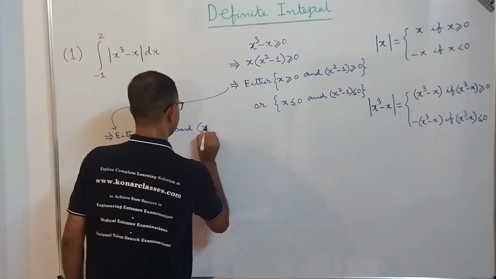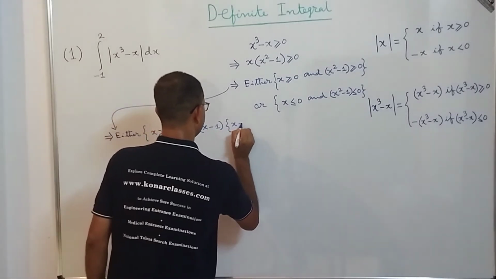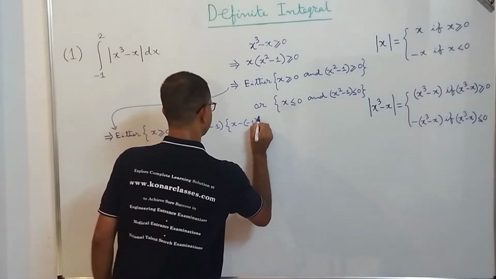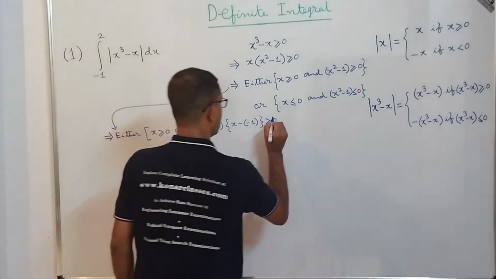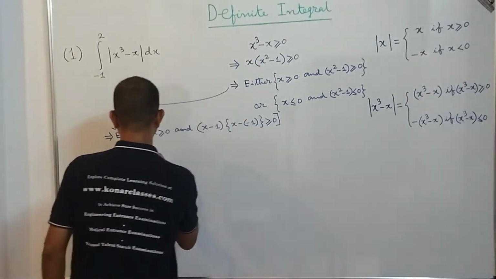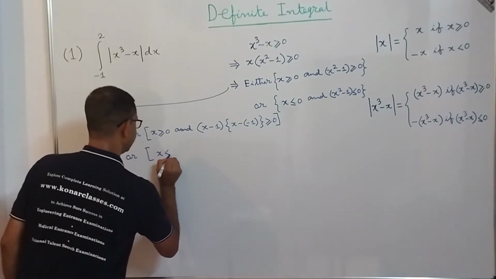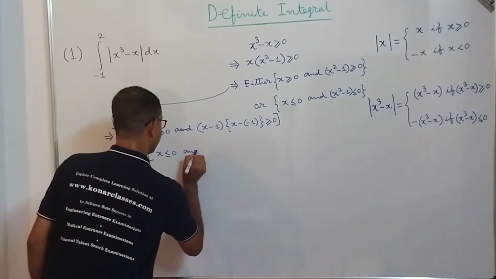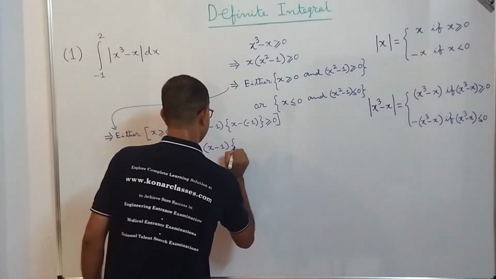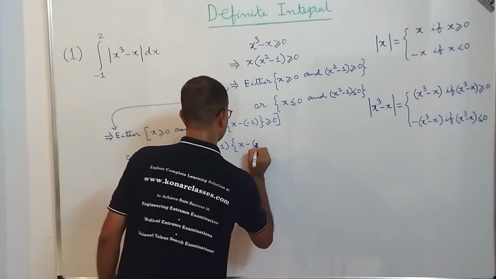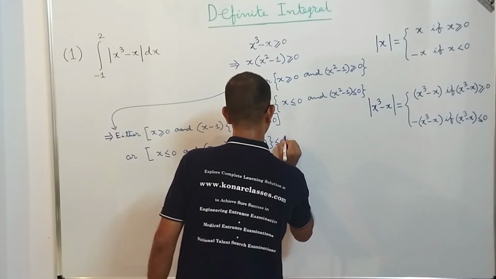That means x minus 1 into x minus of minus 1, because x plus 1, that is greater than or equal to 0. Or we can say that x is less than or equal to 0 and x minus 1 into x minus of minus 1 is less than or equal to 0.